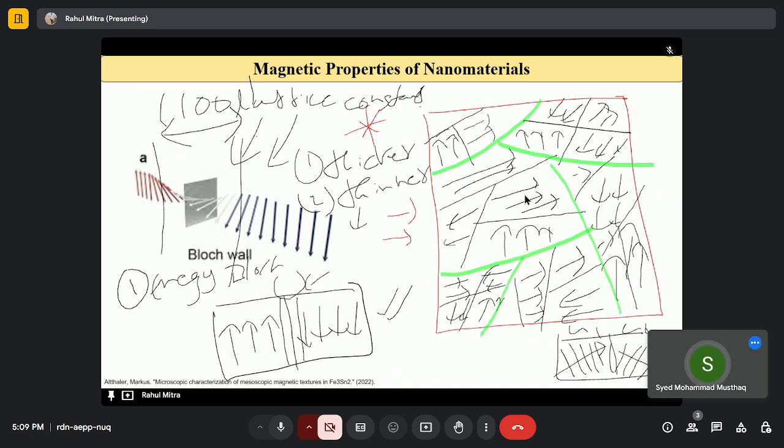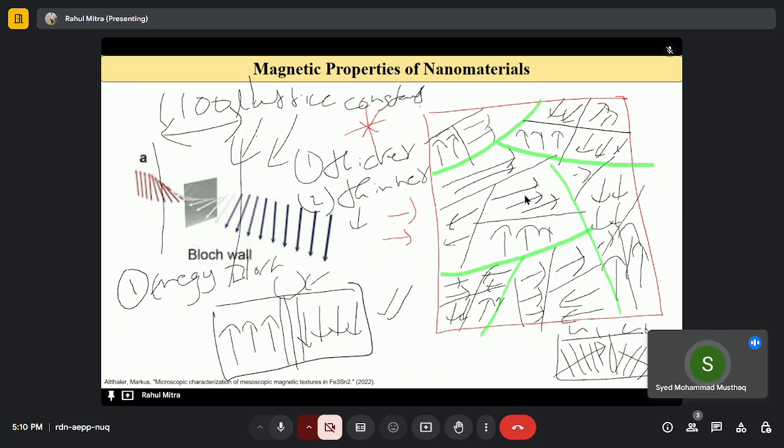So there is a wave that travels from one point to another point. The same goes for the spins, and because of the exchange interaction, each spin is correlated with another. So if one spin tries to change direction, that will have an effect on the other spin, and if that spin changes direction, this effect will go on moving just like a wave.